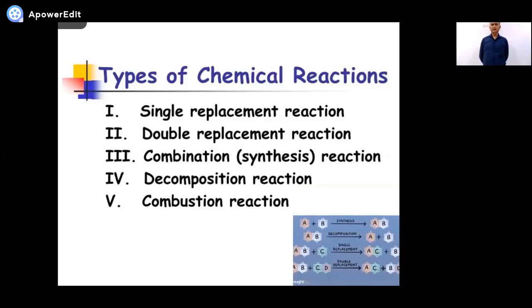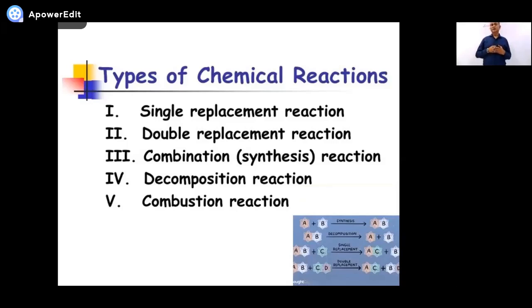We started yesterday with addition reaction. Its another name is combination reaction, or synthesis reaction, or formation reaction. Then there was another one, decomposition reaction. Then single displacement or single replacement reaction, double displacement reaction, and finally the combustion reaction.